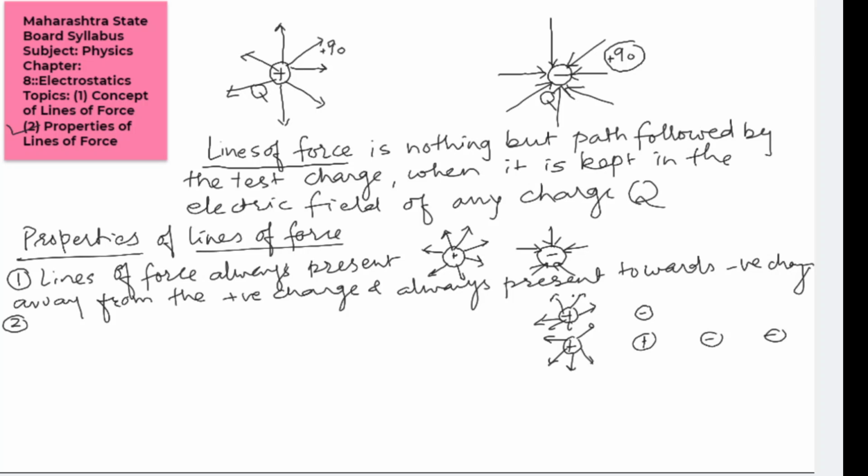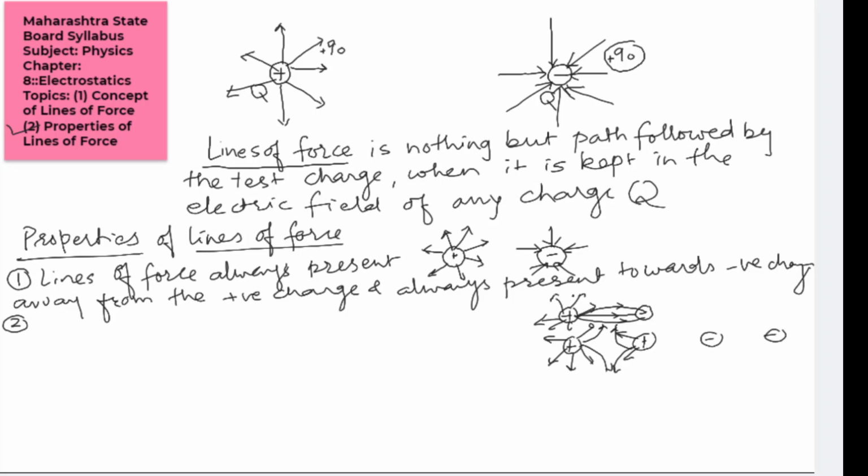Here the lines of force will attract towards the negative charge, so they will go like this also. But if similar charges are kept near to each other, then they will repel, and so the lines of force are shown in this way.